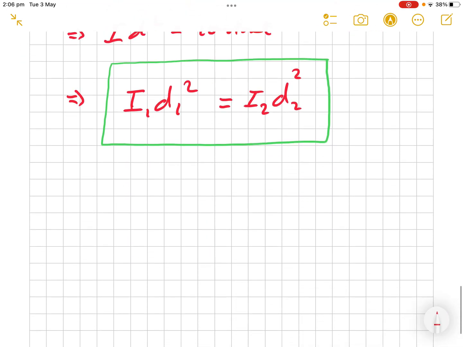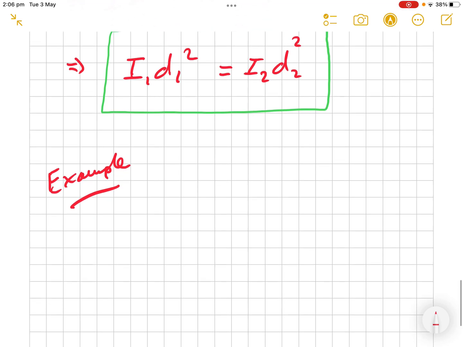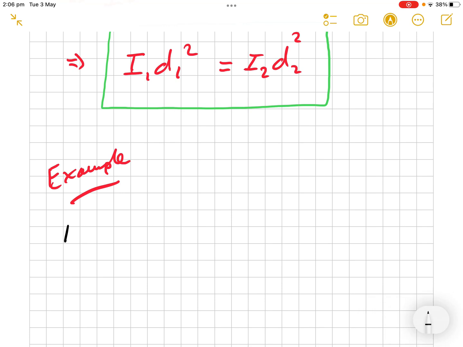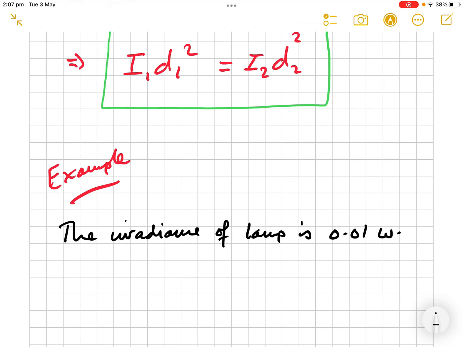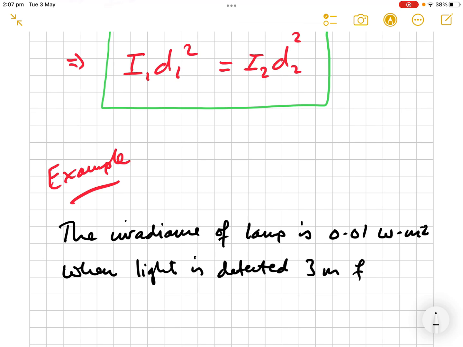Right, let's do an example. The irradiance of a lamp is 0.01 watts per square meter when light is detected 3 meters from the lamp.